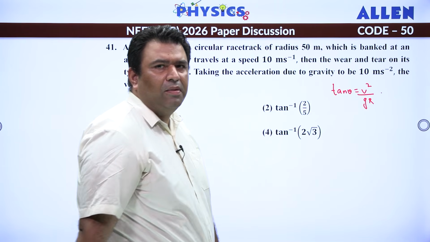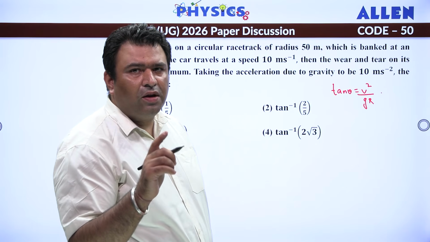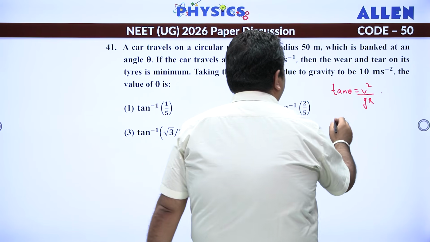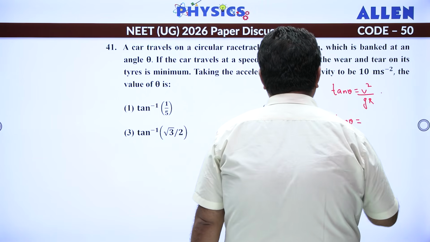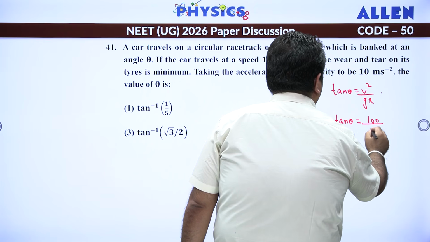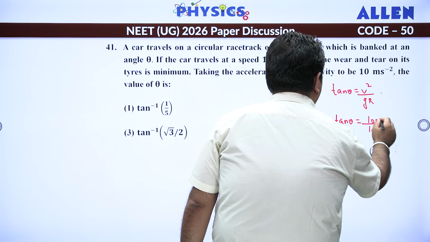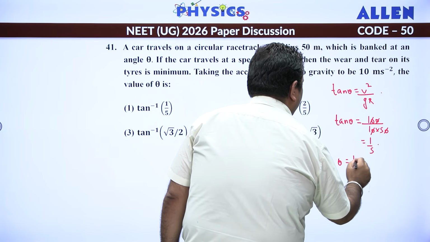Since the friction is minimum, tan theta should be equal to V square by g r, right? Then tan theta comes out to be what? V square is 100. 100 over 10 into 5, that is 50. So this comes out to be 1 by 5. So theta is what?